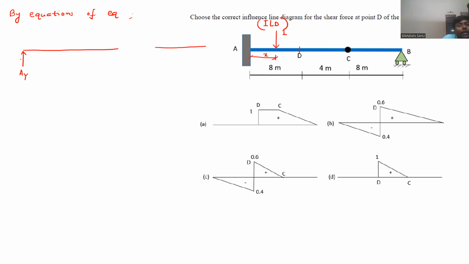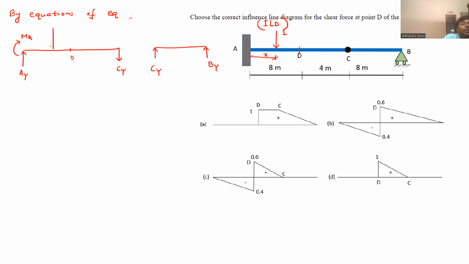This will be AY reaction vertically upward. This is MA moment. This is point D. And this is bending release or internal hinge. Here, let us say this is CY. There is bending release, so bending moment will be 0. I am not showing that. This will be BY.